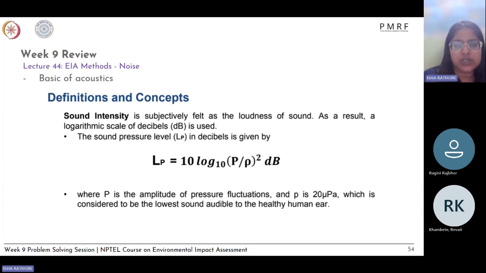This is the lowest sound audible to a healthy human ear, so that is the baseline case which is considered. If you can just remember this formula, p by 20. But sound intensity is the loudness a listener feels.